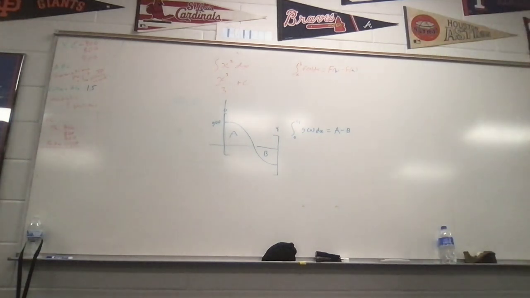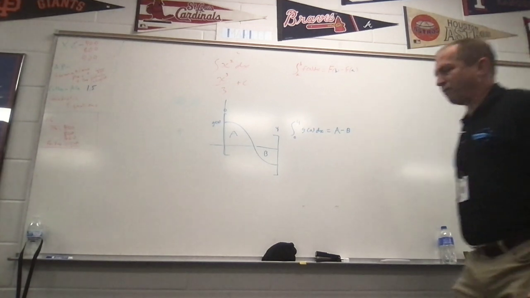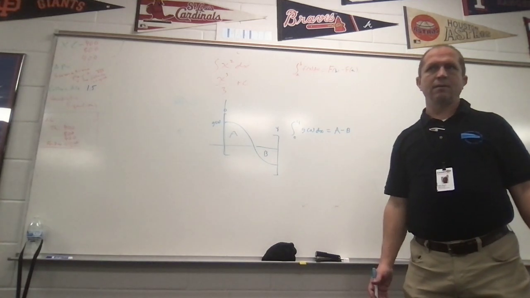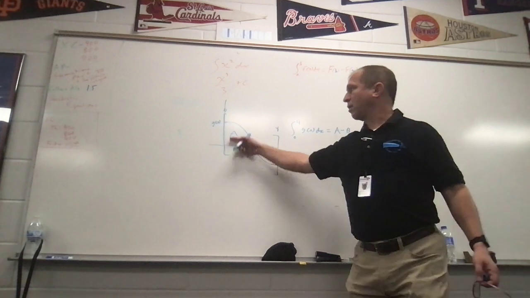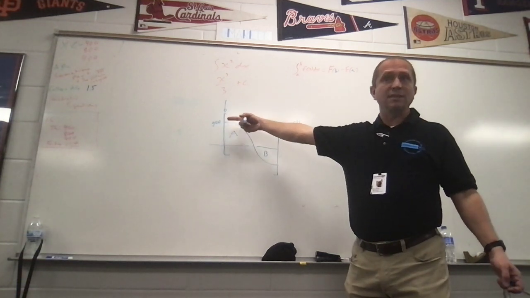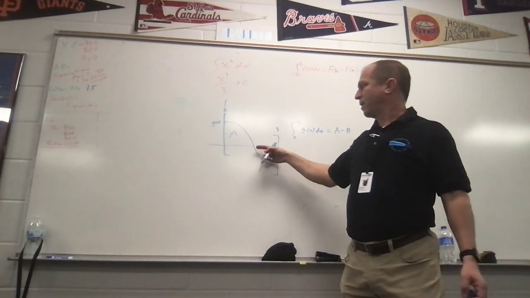In other words, why would that be? Why do you think that it would work out instead of being A plus B here? What's the big difference in area A from area B? Yeah, these are all above the x-axis, so represented by positive y values.